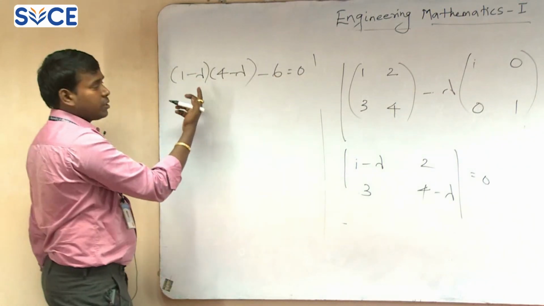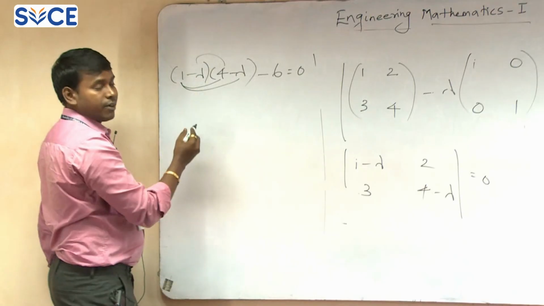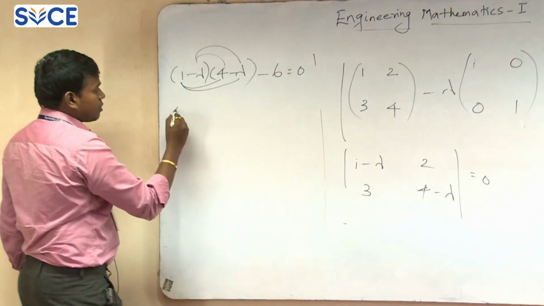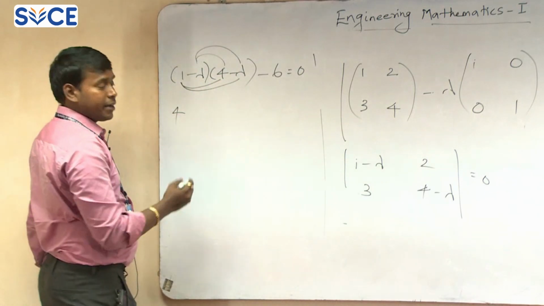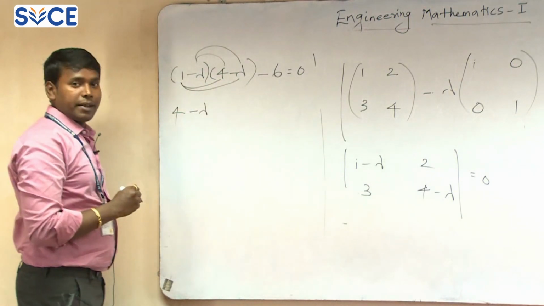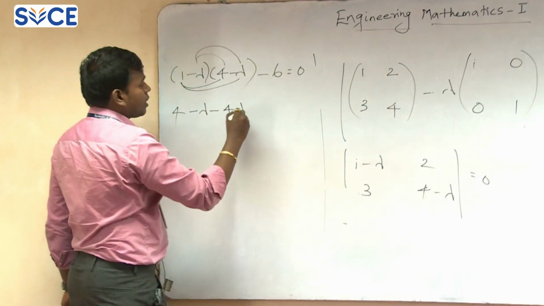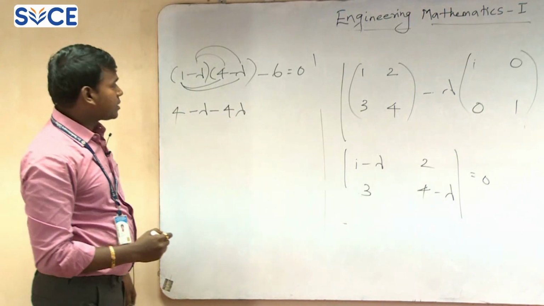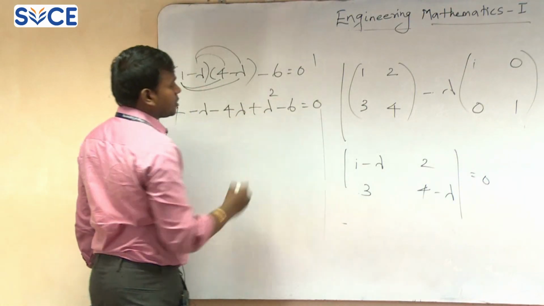Now for the multiplication, first into first term, first into second term, second into first term, second into second term. Now 1 fours are 4, 1 into lambda, here plus, here minus, plus into minus, minus, that is minus lambda. Then second into first, so minus 4 lambda. Then second into second, minus into minus, that is plus, so plus lambda square minus 6 equal to 0.